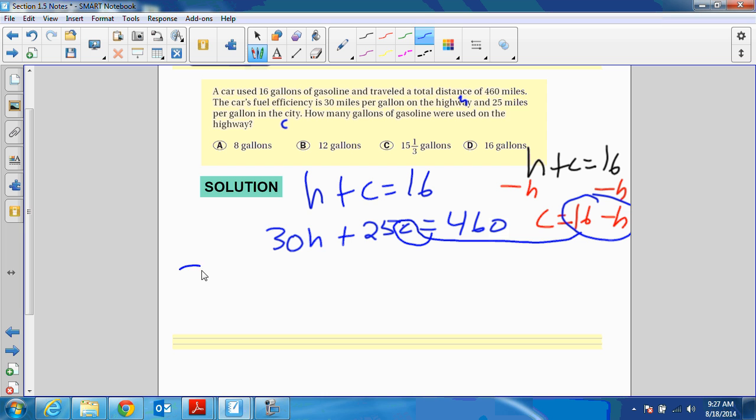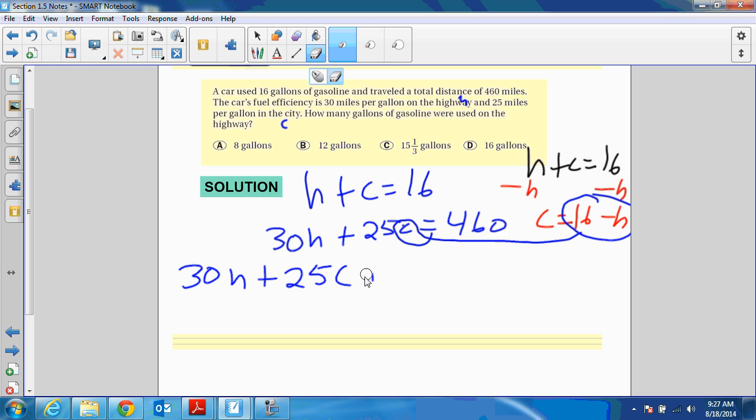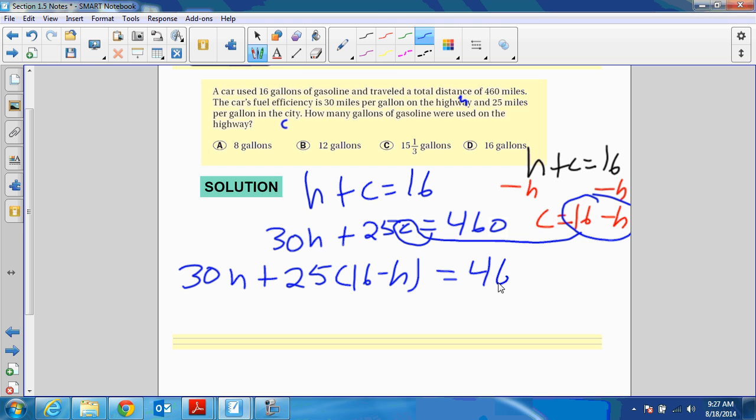So it'll be 30H plus 25 times (16 minus H) equals 460. Now I'm going to distribute and do 25 times 16, which is 400, I believe. Yeah, 400.